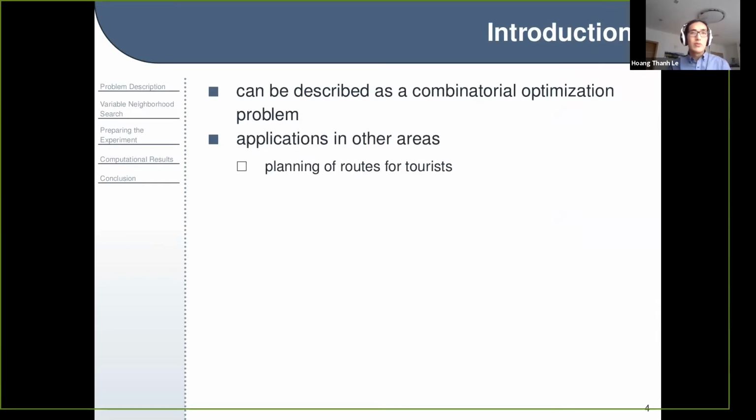Tourists only have a limited time per day, and they want to see many interesting sightseeing spots. There we have to plan a route for the tourists so that they can see many attractive spots within a day. Another application might be when we have to deliver goods to customers. Some customers pay more money, some customers pay less money, and we have to decide which customers are served and which customers need to wait until the next day.